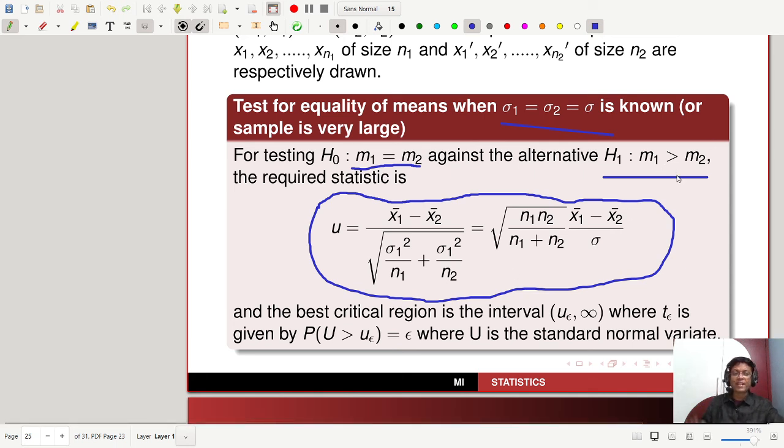If your alternative is m1 less than m2, you have a left tail test, and your best critical region will be on the left hand side. And if there is no specific alternative, then the alternative will be m1 not equal to m2, so you have to go for a both tail test. Okay, clear? So you have to remember this test statistic.